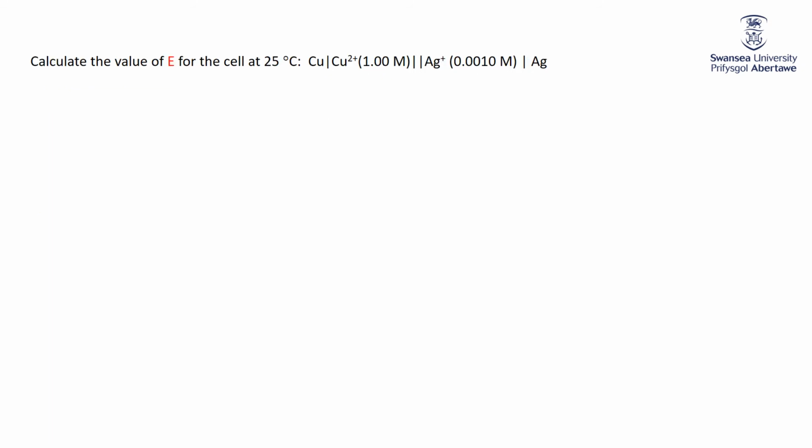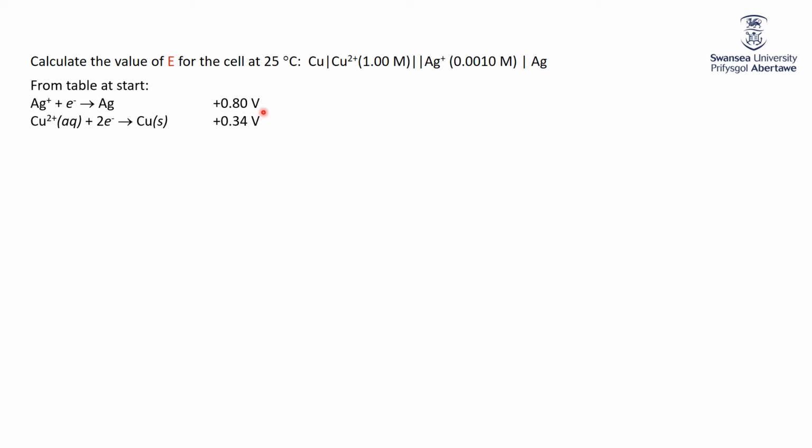Bit more fun. Using the Nernst equation, calculate the value of E. Notice that I am not dealing with E0, I'm just dealing with E. This question actually reads tables, which you could get, the half equations associated with Ag plus going to Ag, the reduction potential plus 0.8, going from copper 2 plus to copper, plus 0.34 volts.